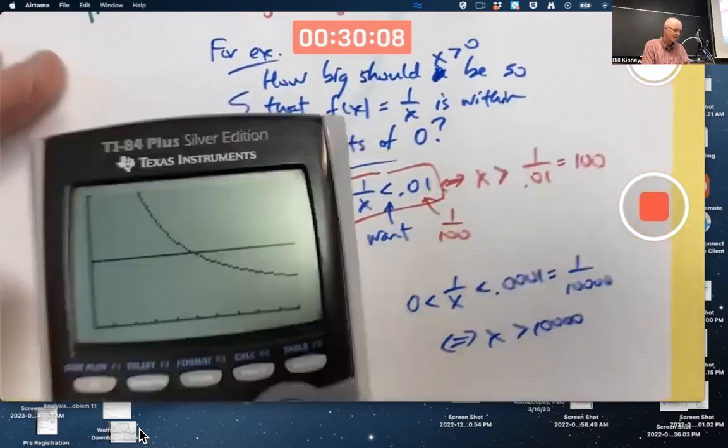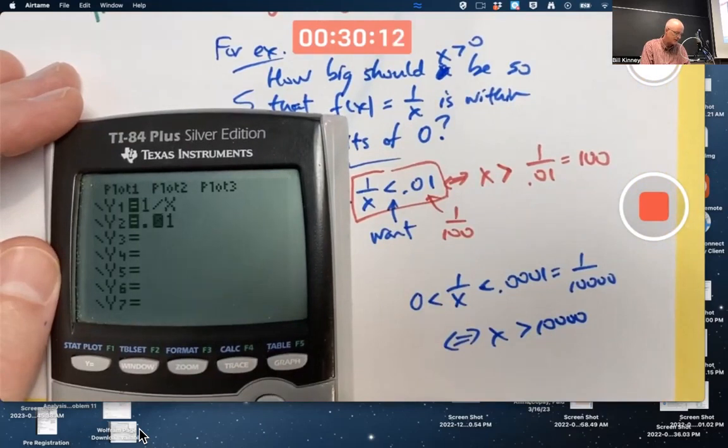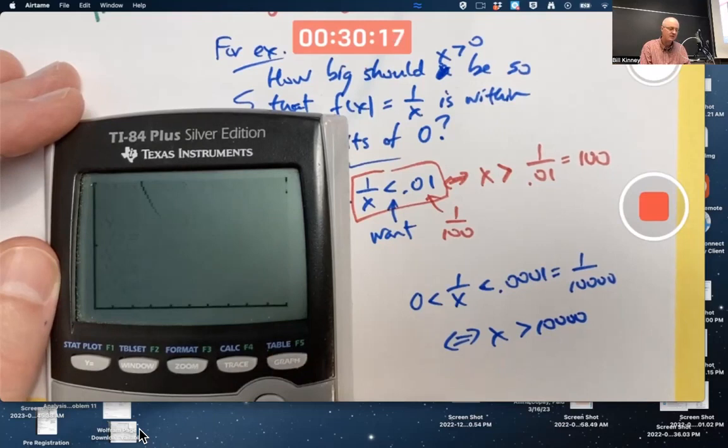If I kept the same scale on my calculator, but changed this to 0.0001, it would not work in the scale. You see 1 over x, but you don't see 0.0001 because it's too close to the x-axis.